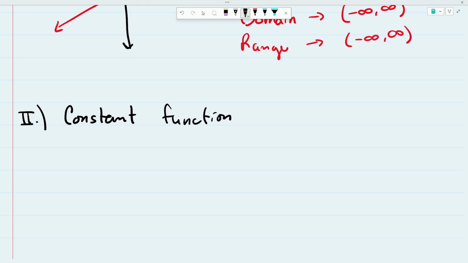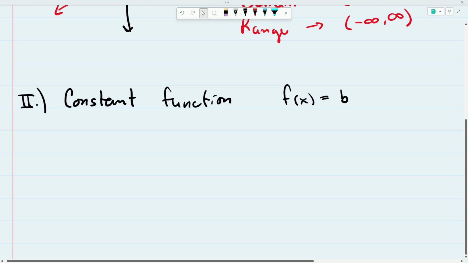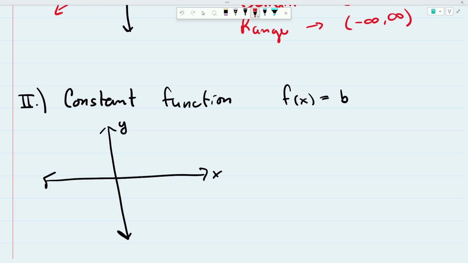The constant function has the form f of x equals b. And this is nothing more than a horizontal line. All right? Some important characteristics. Our domain is going to be negative infinity to infinity.